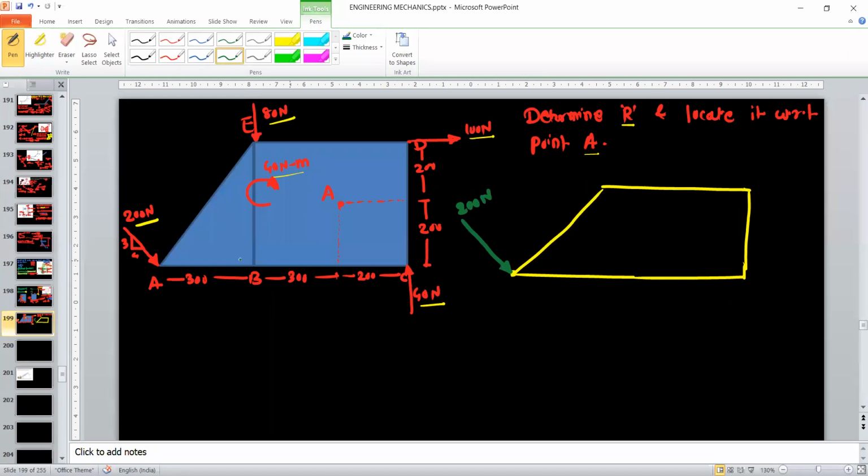Its angle is not given, but it is given as 3, 4. Suppose this angle is alpha. So this is equal to tan inverse 3 upon 4, which is 36.86. So the angle with respect to the x-axis is 36.86.